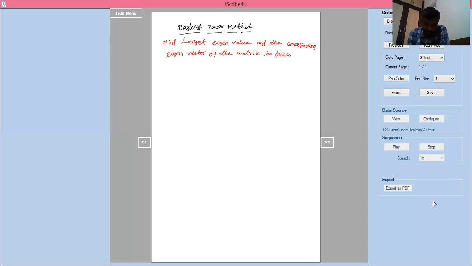Power method means Rayleigh power method only.